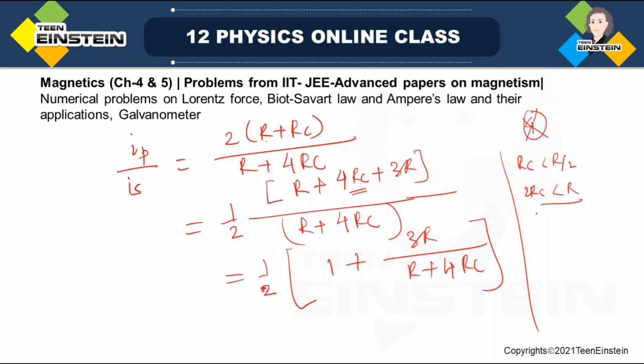Or we can do one thing. The 4RC is less than 2R. This also we can do.